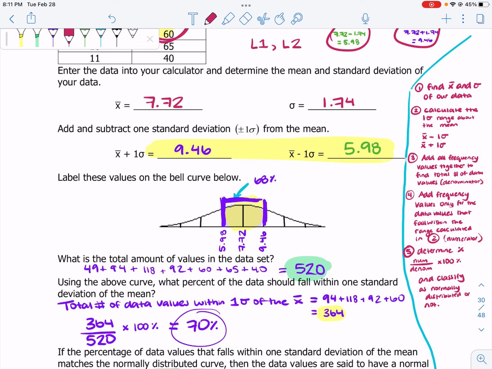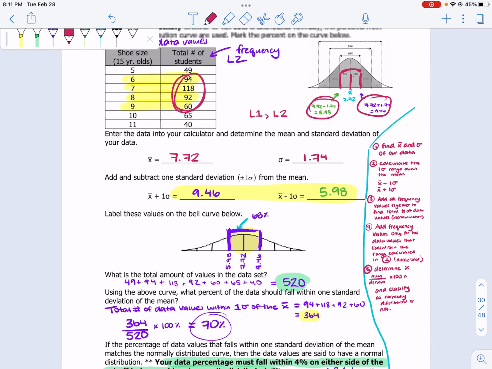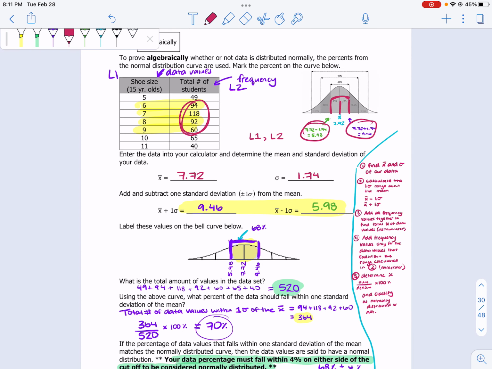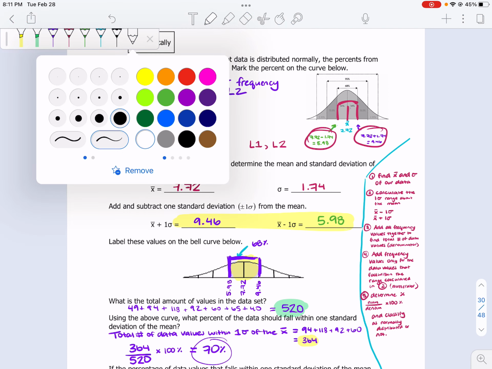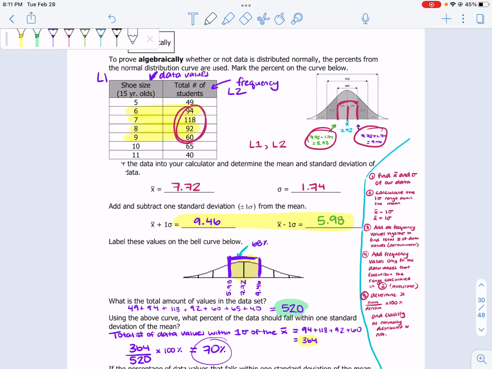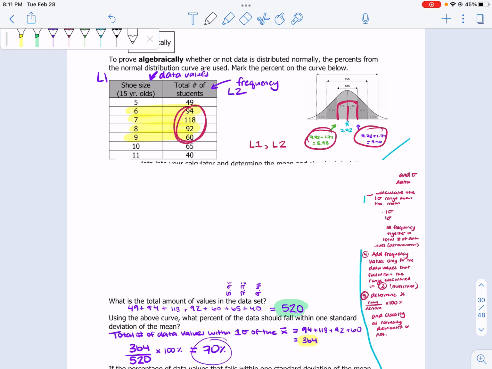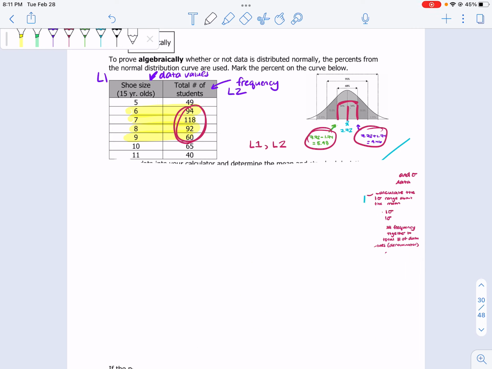Now, something to keep in mind, and I believe you'll see something similar to this in the homework. In the notes, I have broken it down, so I walk you through step by step. But if this were a real question on a homework assignment or a test, your question would just say, determine if this is normally distributed or not.